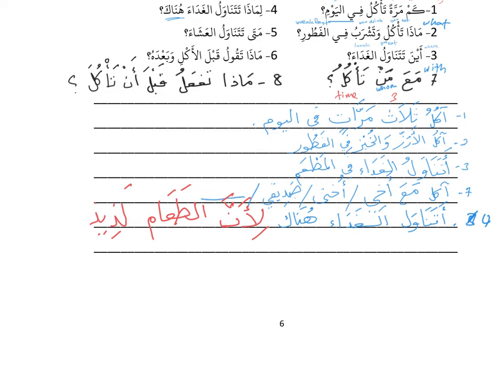Another possible answer, you can say because the place is clean. So you say li'anna, because the restaurant, al-mat'am. What is clean? We have learned the word nazif. Li'anna al-mat'am nazif. So use whatever words or phrases that you have learned in the lesson. That is number 4.